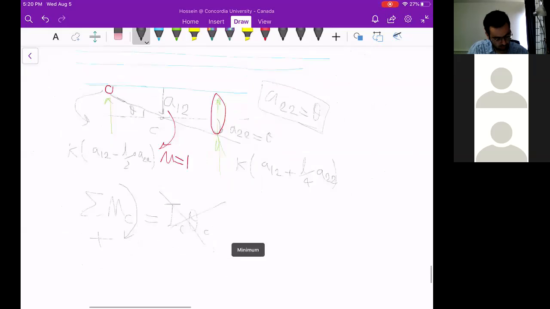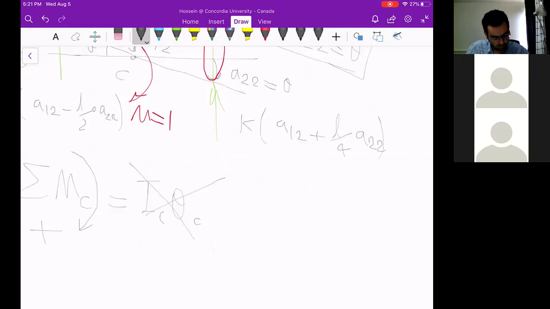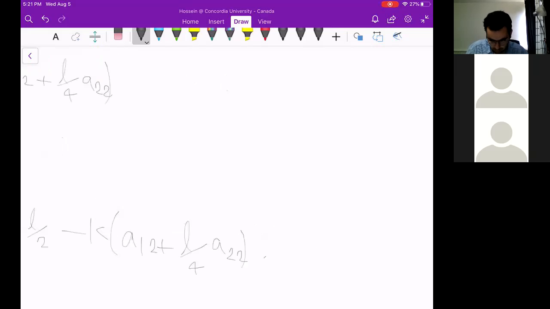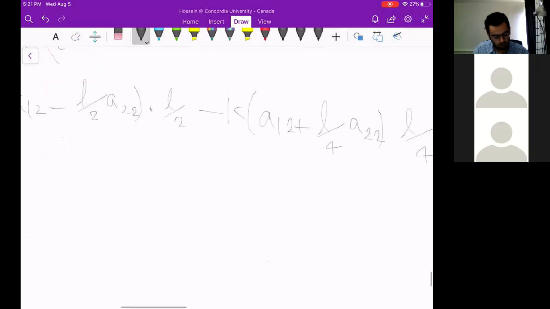So positive K A12 minus half L A22 multiplied by the related arm, which is half L, minus K A12 plus L over 4 A22 multiplied by the related arm, plus 1 unit momentum in this case.